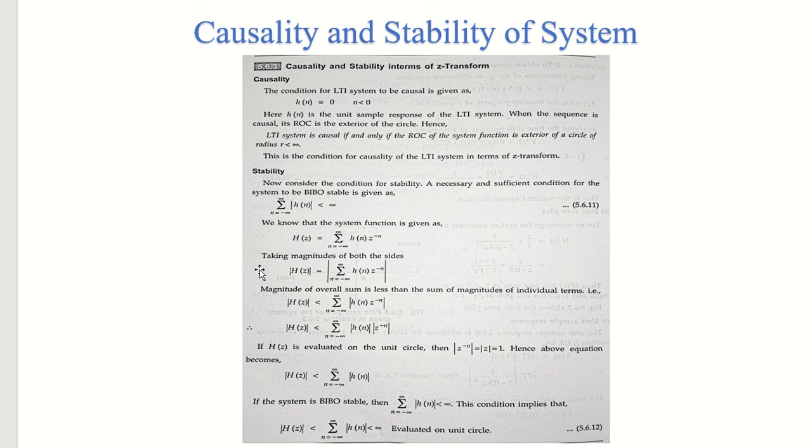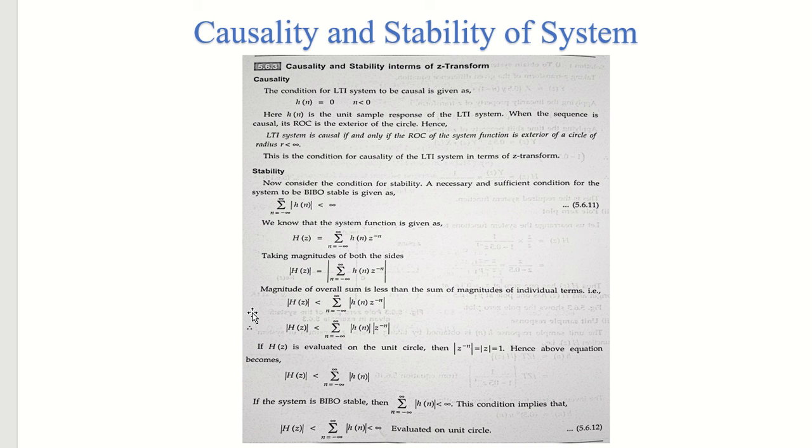So let's take a signal h of n, and its Z transform can be given as H of z, which will be equal to the summation n equals minus infinity to infinity of h of n into z raised to minus n. Now let's take the magnitude on both sides.